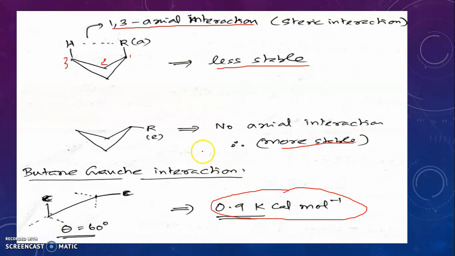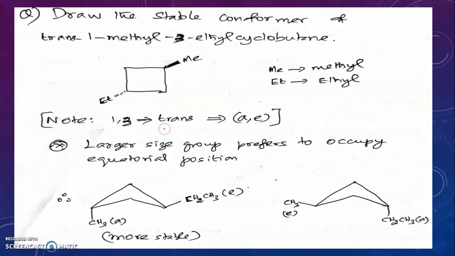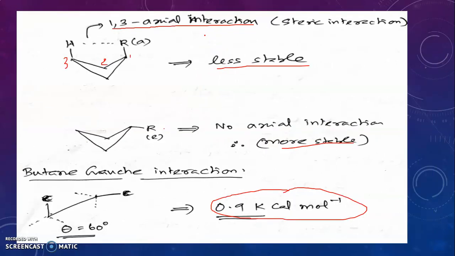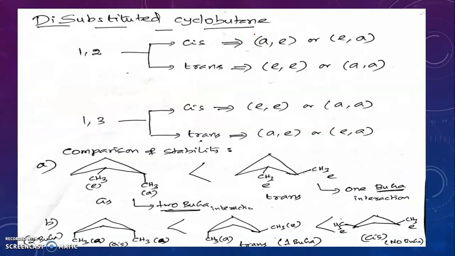Now we'll discuss some more information on cyclobutane. In disubstituted cyclobutane, you can put the substituents in 1,2 position or in 1,3 positions.